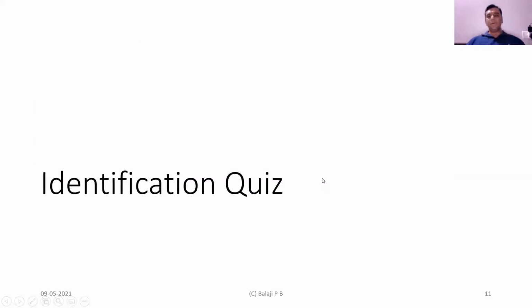Okay, now we come to the identification quiz. We have looked at three species: the little, the intermediate or Indian, and the great cormorant. All three species are resident species, so we can easily differentiate them.